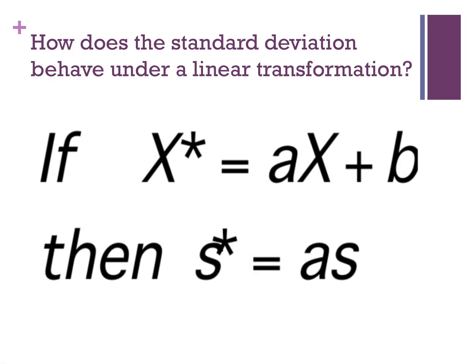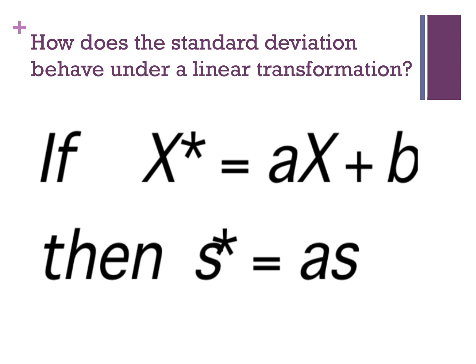How does the standard deviation behave under a linear transformation? Or stated more precisely, if the transformation of x equals a times x plus b, which we see here, then the transformation of s, the standard deviation, equals a times s.